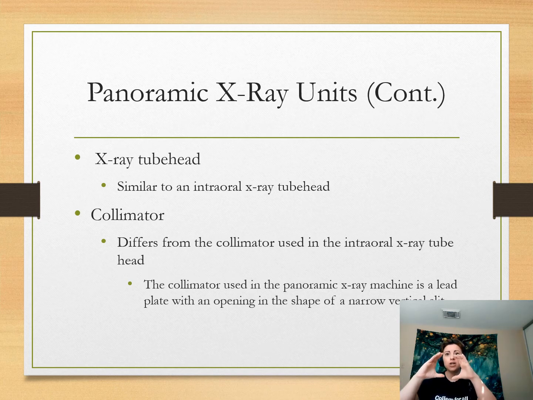If I had big old circular images and I had to overlap all of those, it would kind of be a problem. So if I have just this narrow little vertical slit as it goes around, it's going to give me a better overlapped image, okay? So the collimator on a panoramic is a narrow vertical slit. Okay.